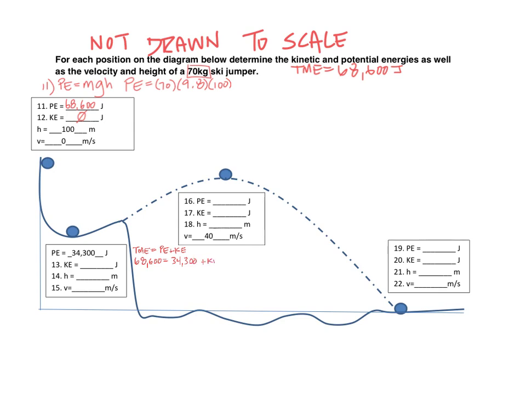What is the value of the kinetic energy? So all you're doing is solving for KE by moving 34,300 to the other side by subtraction. And when you subtract 68,600 by 34,300, you get a kinetic energy of 34,300 joules.